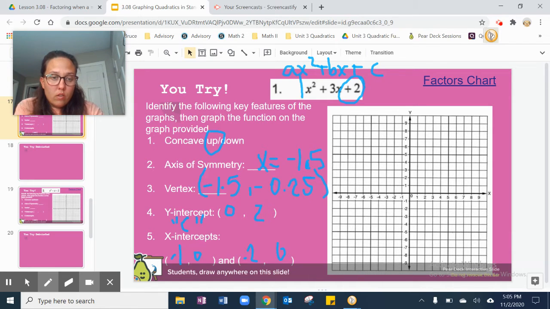So now we're ready to graph. So I'm going to start with the x-intercepts. So -1, 0, -2, 0 is going to be a skinny guy. The y-intercept is at 0, 2. And then the vertex is at x equals -1.5, so that's halfway between our x-intercepts, and then down a quarter of a value, right?